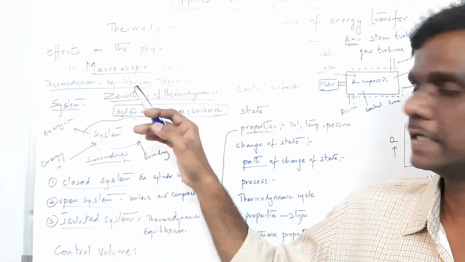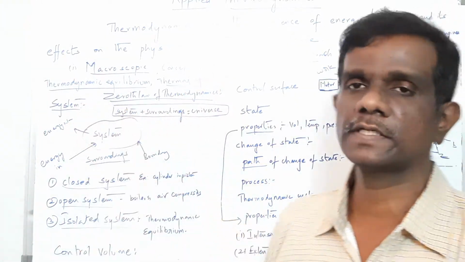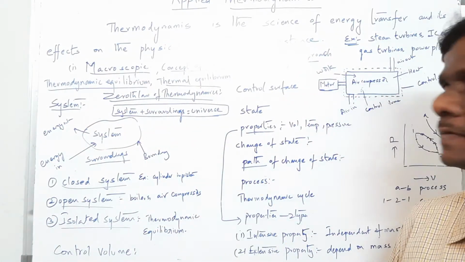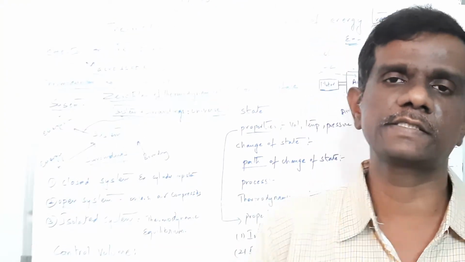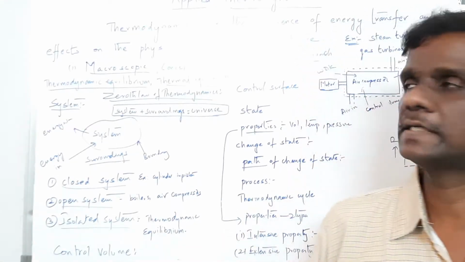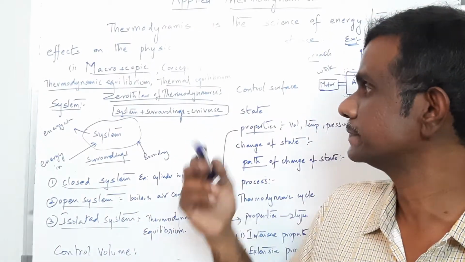Now the interesting topics: thermal equilibrium, thermodynamic equilibrium, and the zeroth law of thermodynamics. I think you already studied these topics in your lower classes, but regarding our subject I'm explaining.